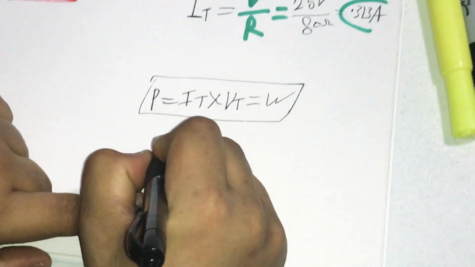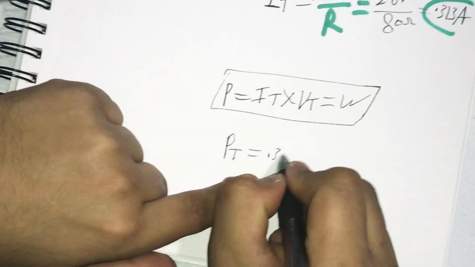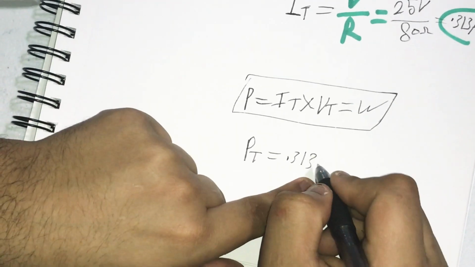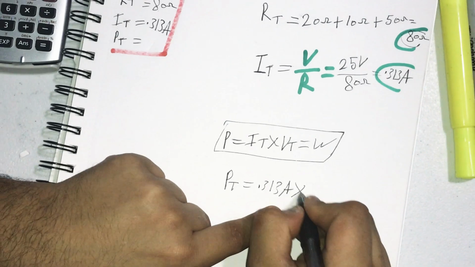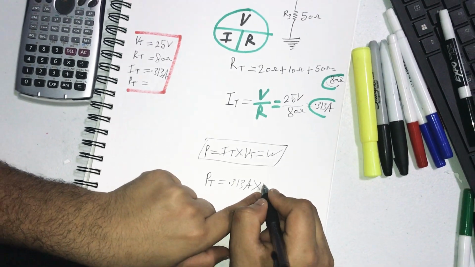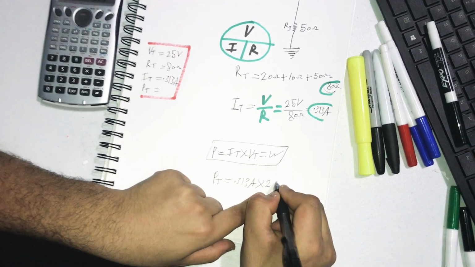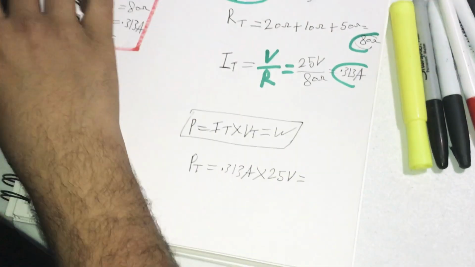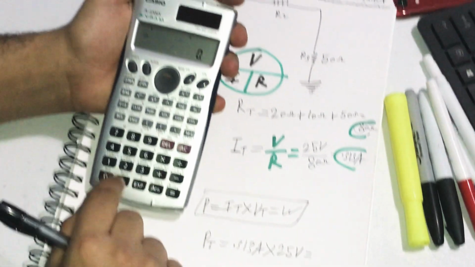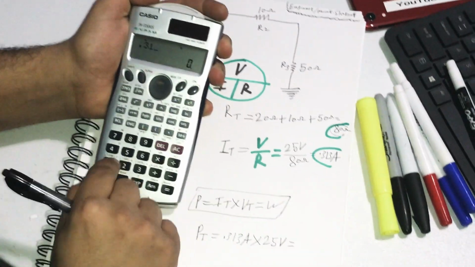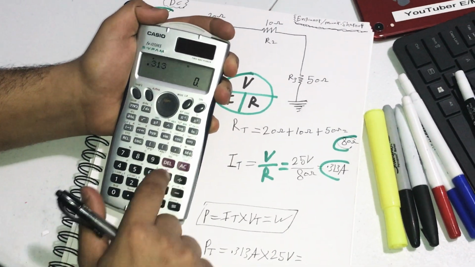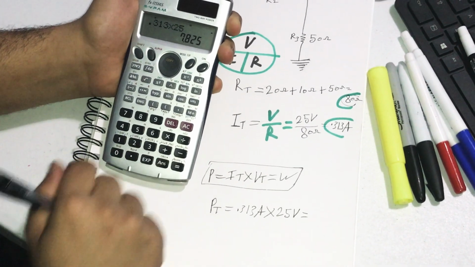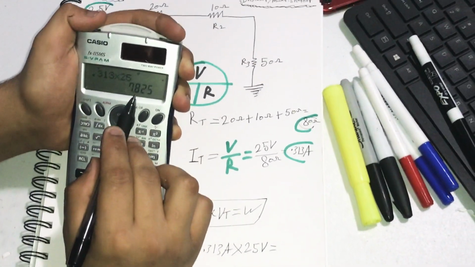So we need to find the total power. It equals 0.313 amps times the total volts, 25 volts. Use a calculator. 0.313 times 25, you're getting 7.825.